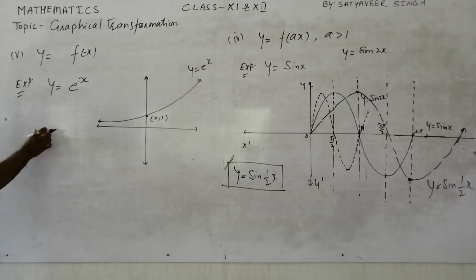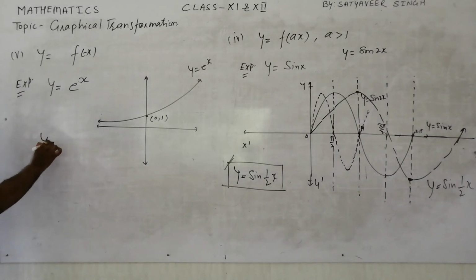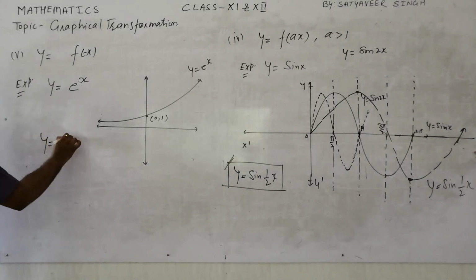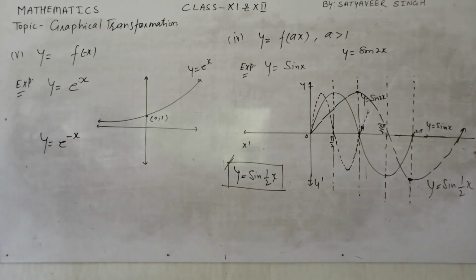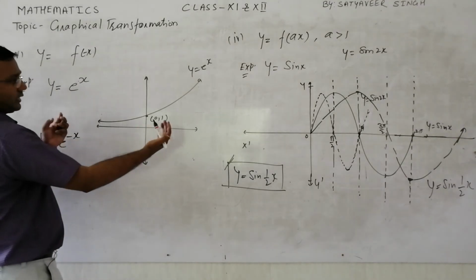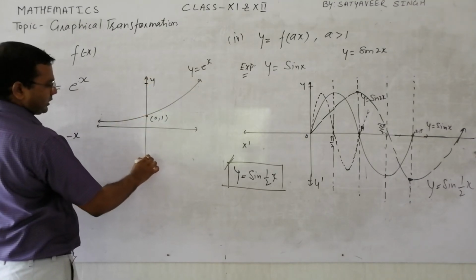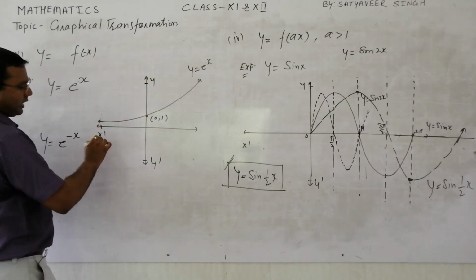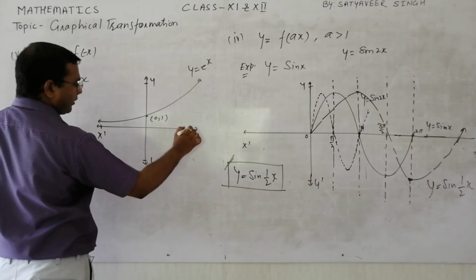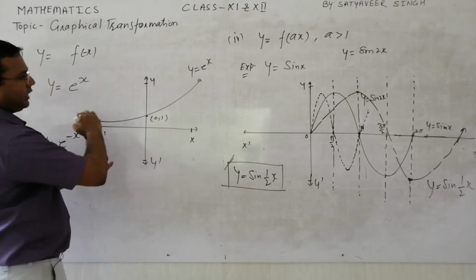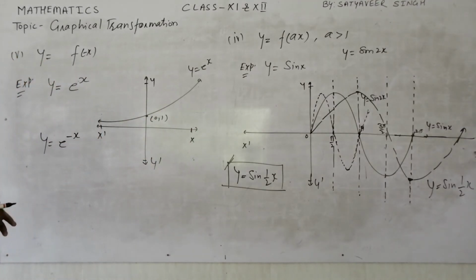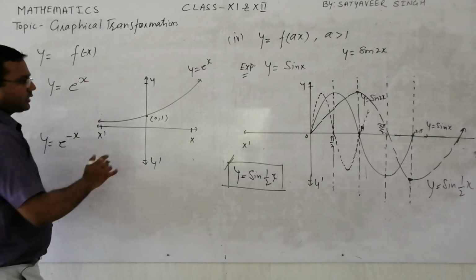But what happens if we change it to e raised to minus x? If you do e raised to minus x, then the y-axis will work as a mirror for the given graph, and you will have to find the mirror image along the y-axis.